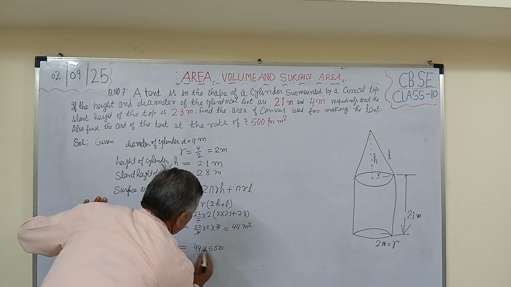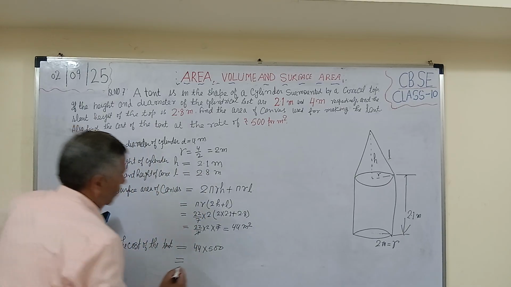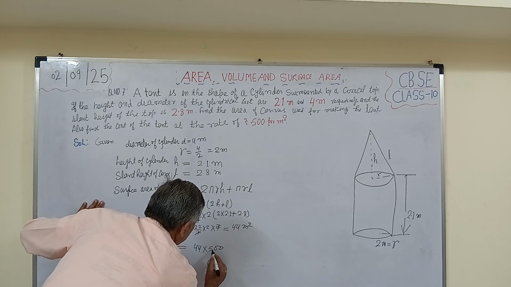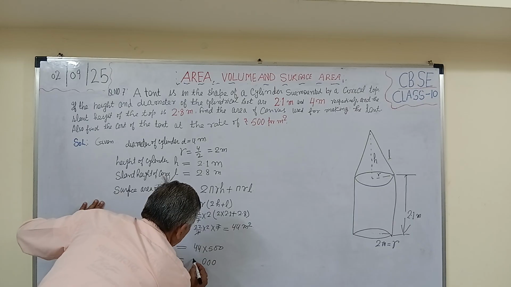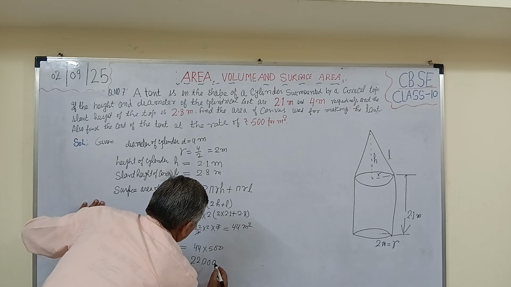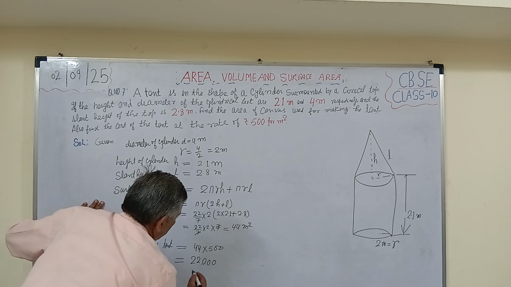Since 44 meter into 500, so we will get 22,000 rupees.